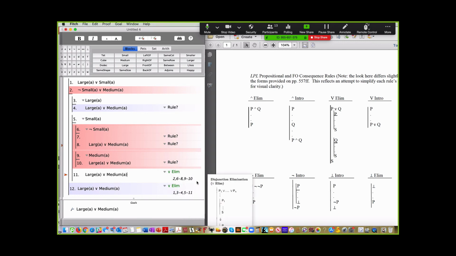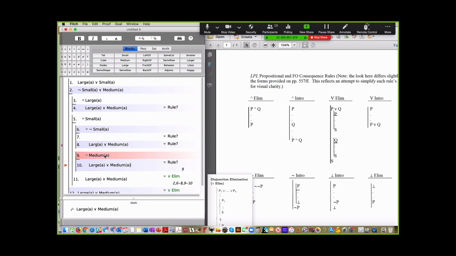And are you guys comfortable with the fact that we only need the second disjunction elimination sequence, that is the nested sequence, I should be more precise. We only needed this nested sequence in that second of the structuring subproof series. We didn't need it in the first. Thoughts?